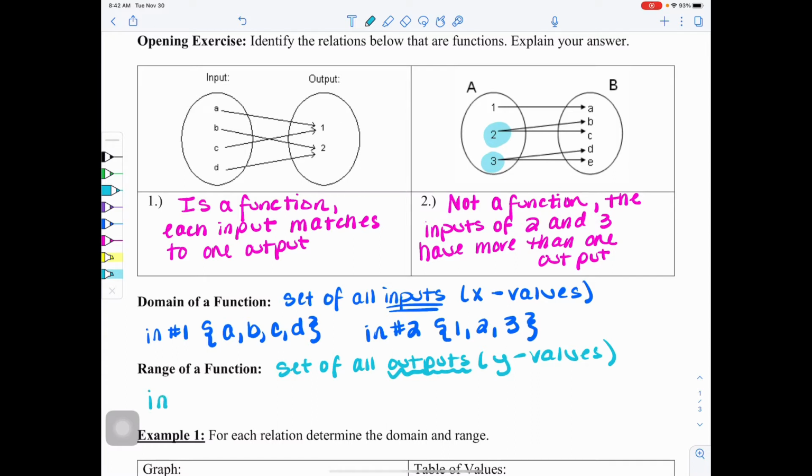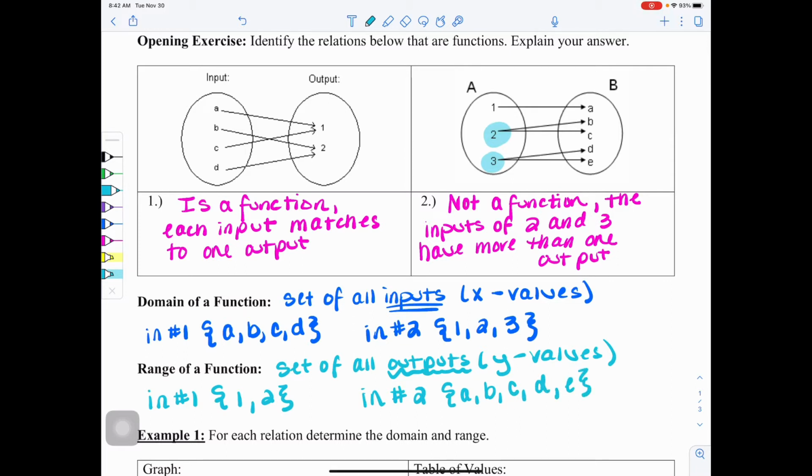If I was looking in number 1, my outputs are the set 1 and 2. If I was looking in number 2, the set of my outputs would be A, B, C, D, and E.